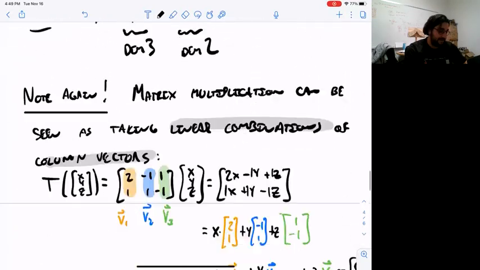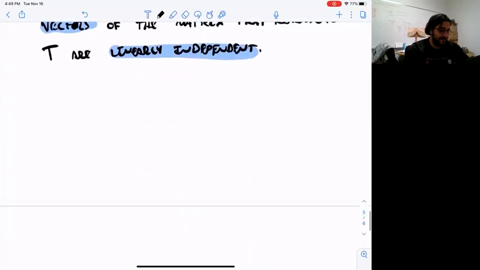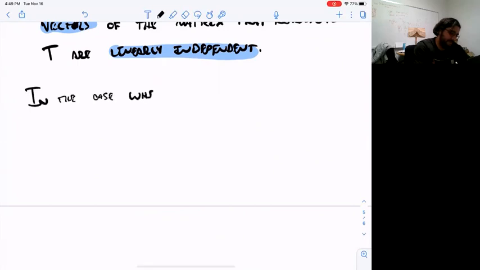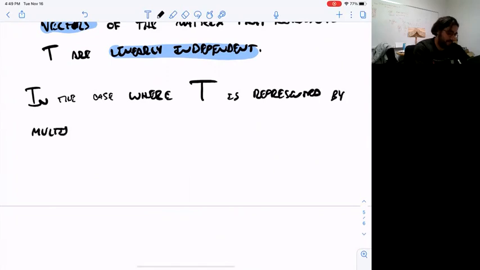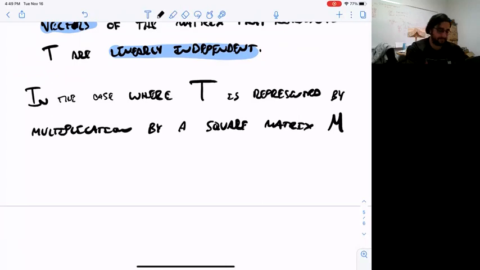But now we finally get to where determinants relate to null spaces. So in the case where T is represented by matrix multiplication by a square matrix M, then we have the following biconditionals.